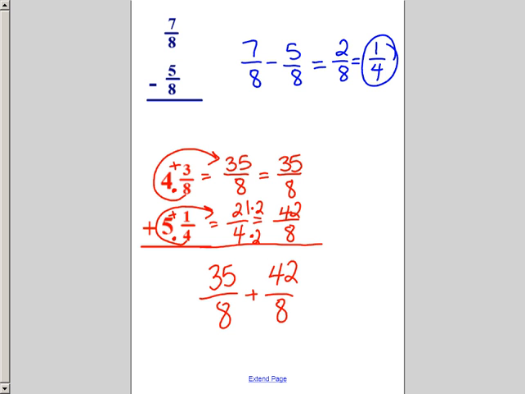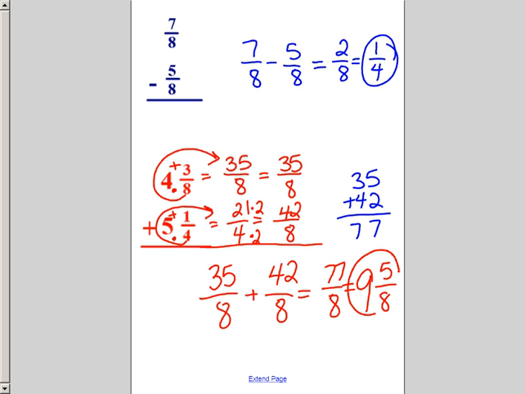If you needed to do the 35 plus 42 off to the side, that's perfectly acceptable. So I get 77 eighths, which is an improper fraction, so I'm going to change it to a mixed number. 8 goes into 77 9 whole times, because 9 times 8 is 72. And I'm going to have 5 left over. So 9 and 5 eighths is going to be my answer to that problem.